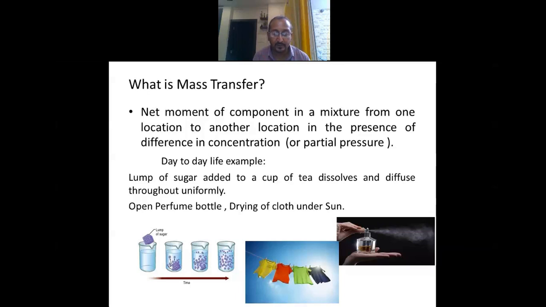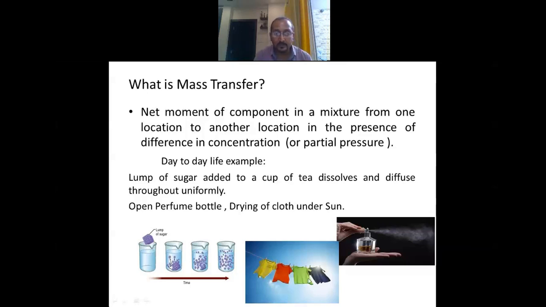That transfer of perfume is due to concentration gradient. The mass transfer of a lump of sugar into a water solution is due to difference in concentration. And once it gets uniformly distributed, this mass transfer stops. At the macroscopic level, the concentration of sugar will be uniform and mass transfer will stop.